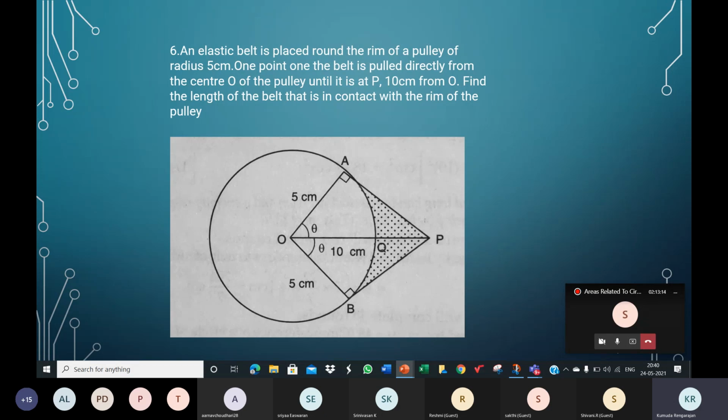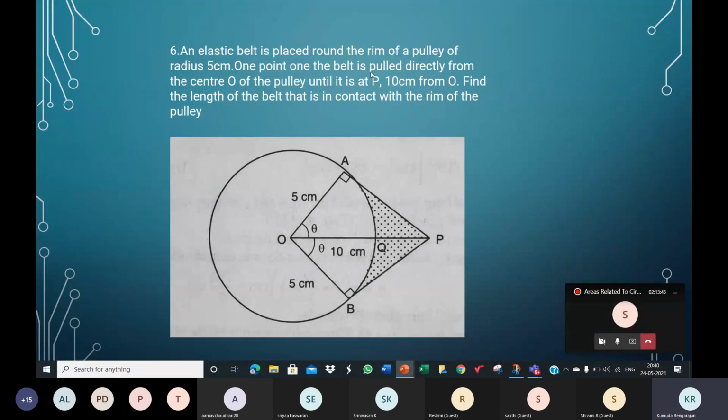Imagine that. And that's how you get the elastic to the point P. You pinch at some point, at this point Q, and you pull it away from the pulley like this, and the elastic belt stretches like this to this point P.